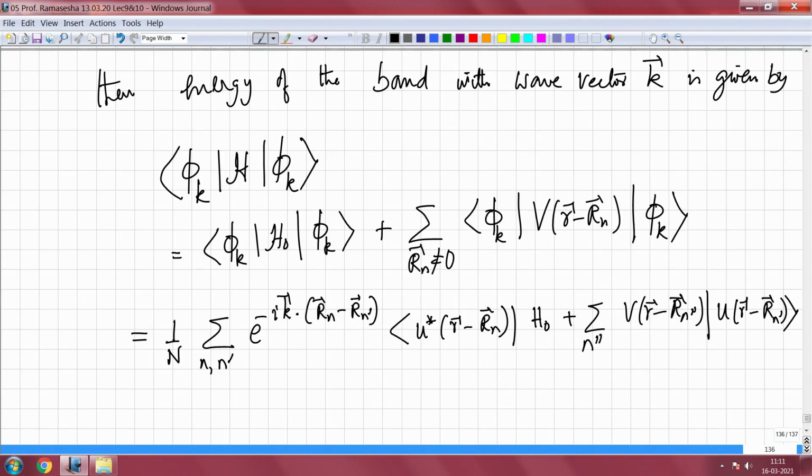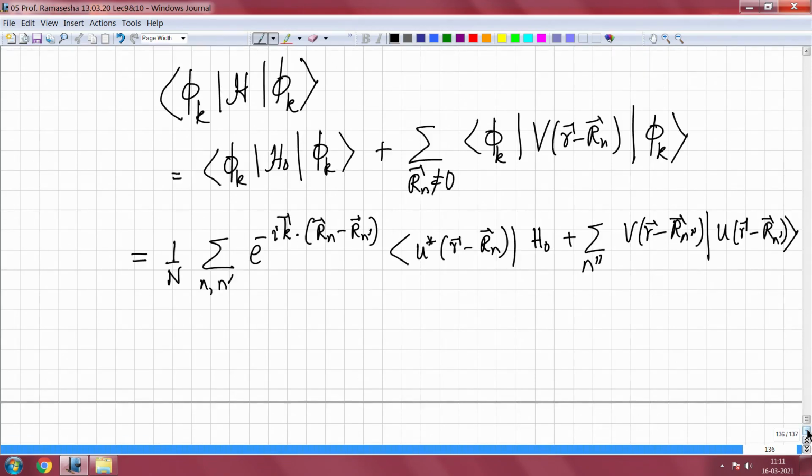So I have got the e to the I k dot Rn minus Rn prime, u star, this quantity. So this can actually be written in the following fashion. These are all very simple manipulations, so you can do it carefully.